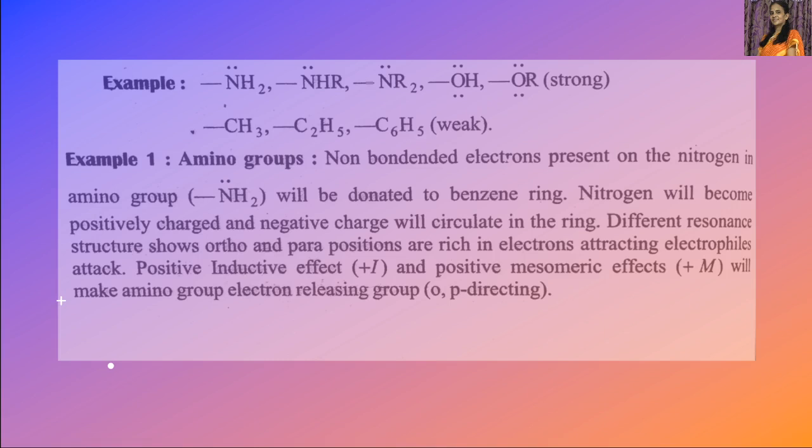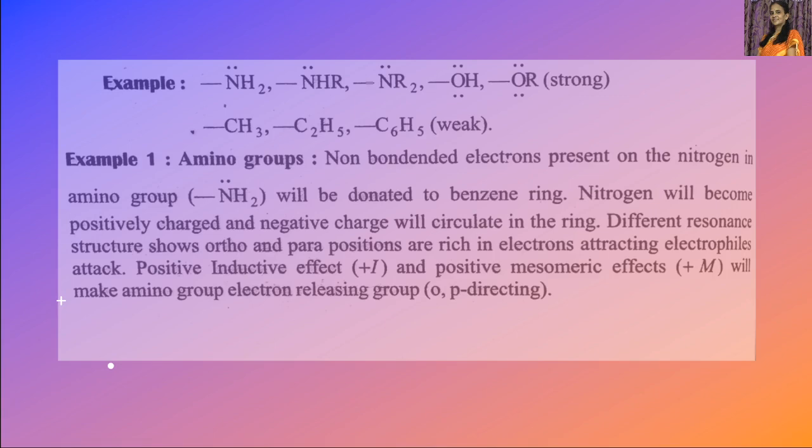Different resonance structures show that ortho and para positions are rich in electrons, attracting electrophilic attack. So the positive inductive effect, the plus I effect, and the positive mesomeric effect, the plus M effect, make the amino group an electron releasing group or ortho-para directing group.